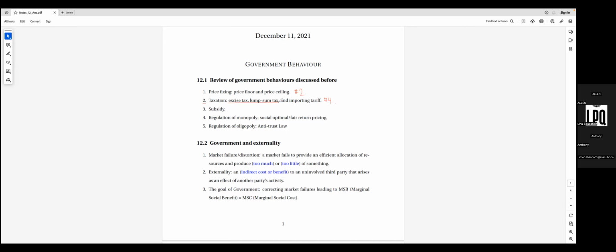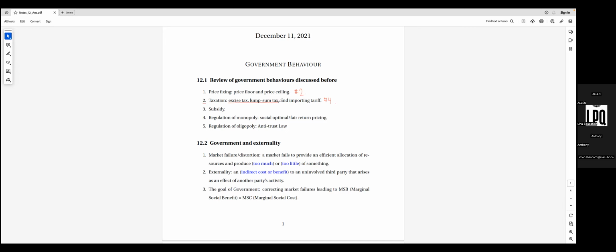If you do something called an excise tax, it means per unit, a unit based, quantity based tax. Remember the example we learned in notes number 4: you want to reduce the quantity of cigarettes.